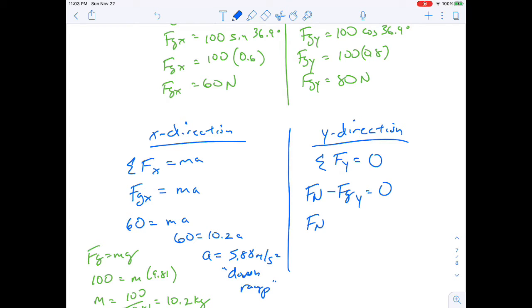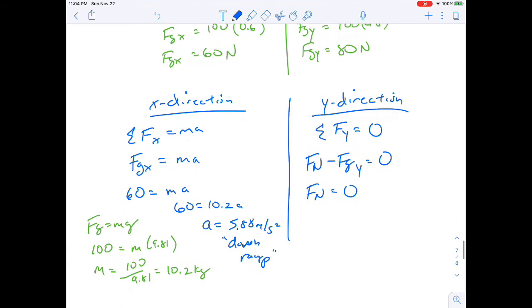And so that means the normal force is less than the gravitation overall, which we discussed earlier in case 1 through case 3, right? So now the normal force is going to be equal to the 80 newtons.